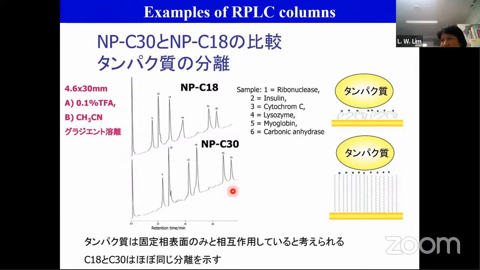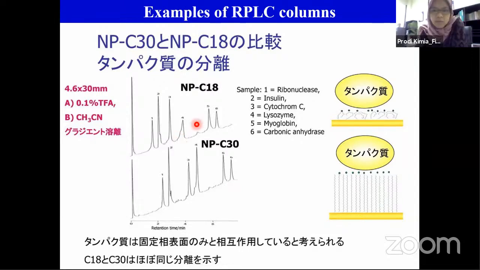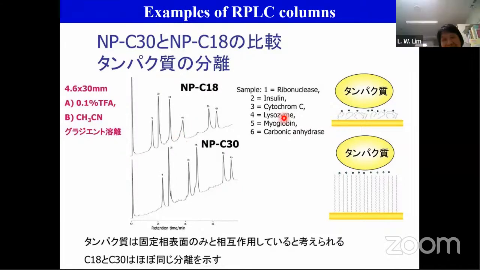But in some cases, these samples are quite difficult to separate because the peaks become broader. For example, if you look at the sample here, it's only a 3 centimeter short column. And if you look at the retention time here, it's less than 8 minutes, less than 10 minutes.